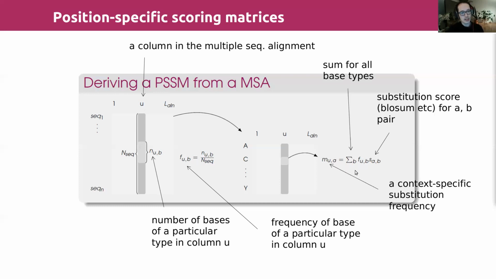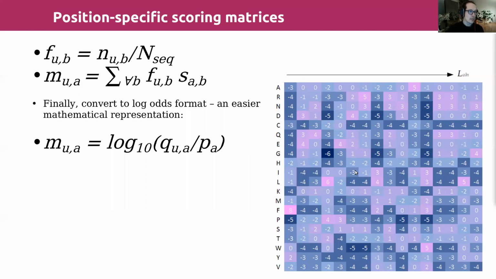And this gives us this context-specific substitution frequency. So here's an example of what one looks like. And again, with these scoring systems, what we can do is get another log odds representation. So we're looking at orders of magnitude instead of actual probabilities.